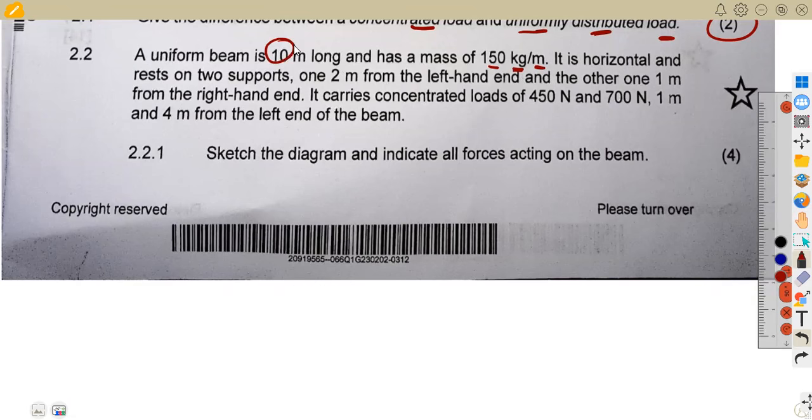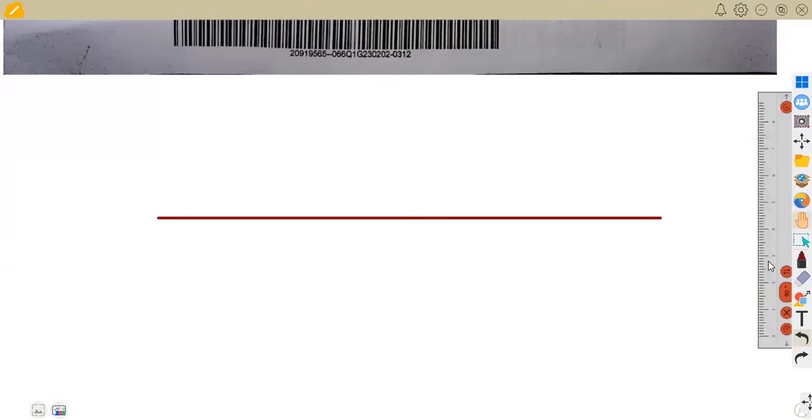It is distributed throughout along the 10 meters. So let's say this is where we are having our 10 meters. It is going to be distributed throughout. That is what we are given. For the rest of the 10 meters, you are going to have this as a distributed load.